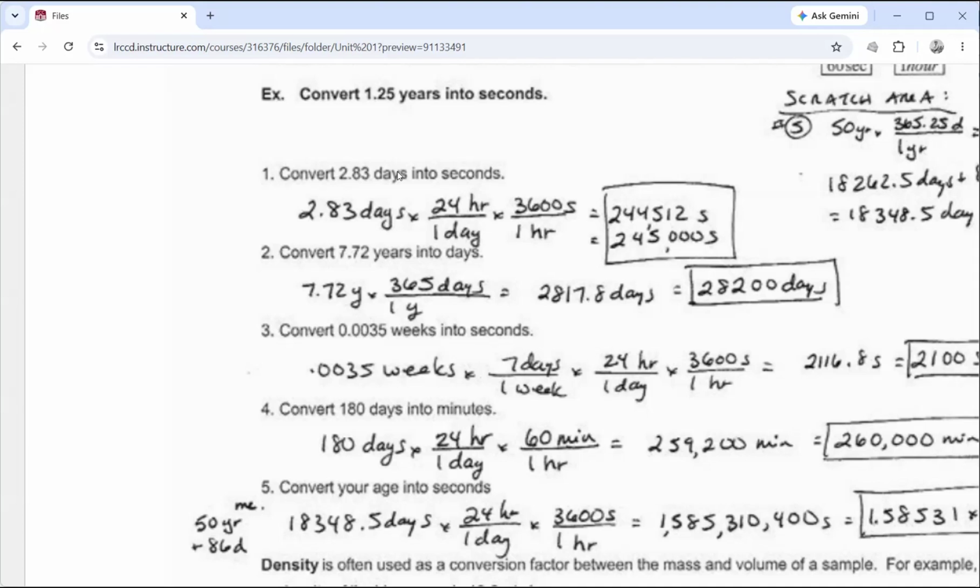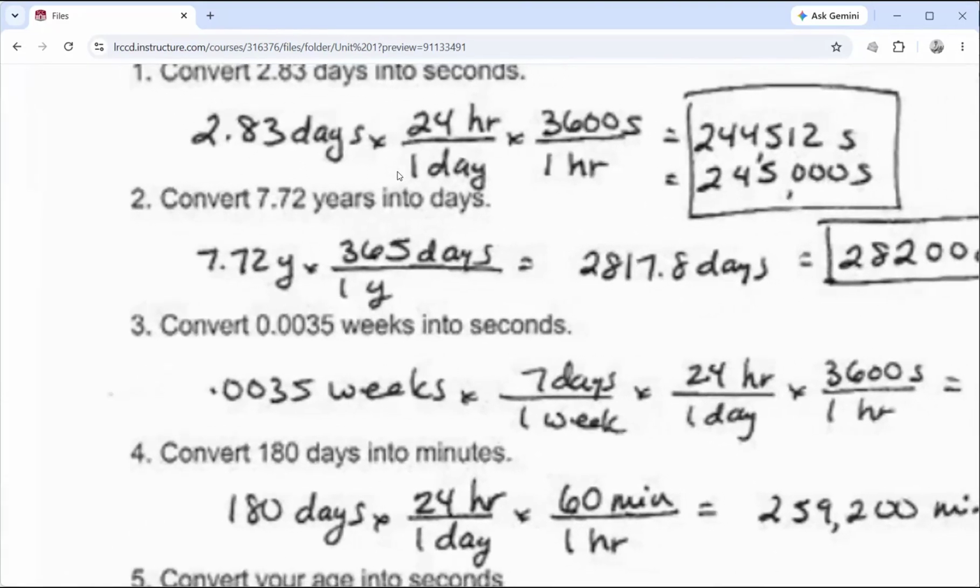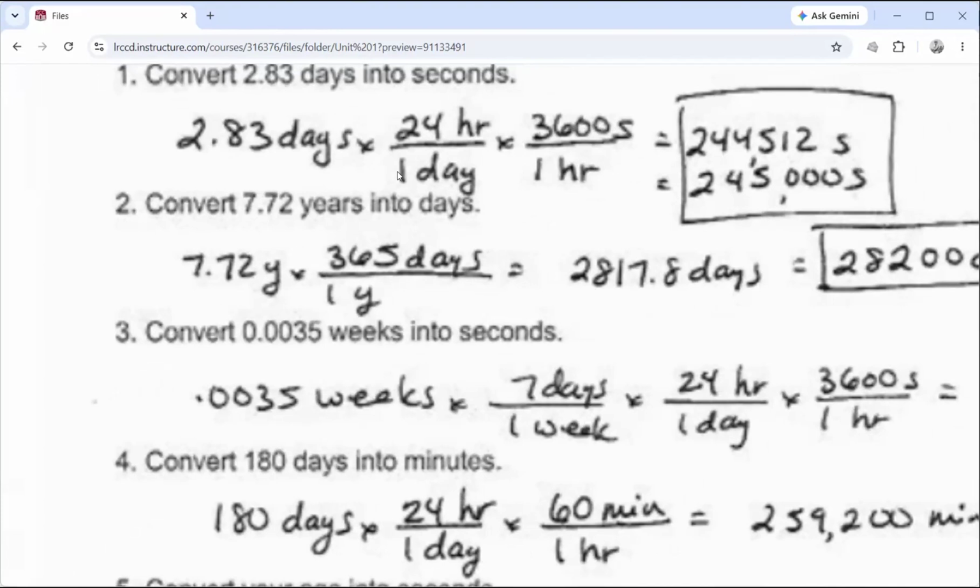Let me see bigger. And the bonus at lab 2 conversion.